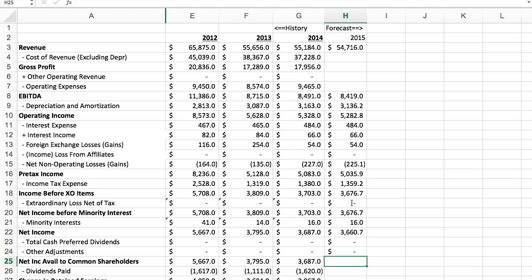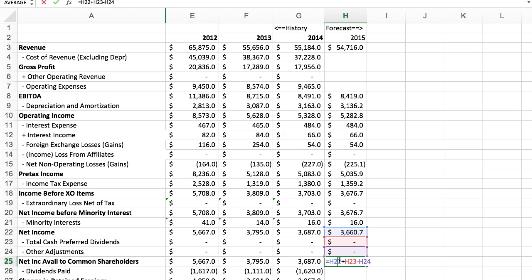That gets me net income available to shareholders. Now, net income available to shareholders is net income minus cash dividends minus other adjustments. However, take cell G25 and copy and paste it to H25. The reason is that I'm going to take H22 and add the cash preferred dividends rather than subtract them, because I know that Bloomberg is going to give me cash preferred dividends as a negative number.